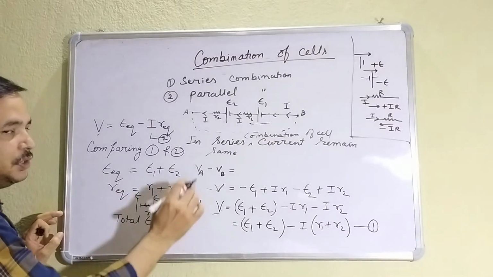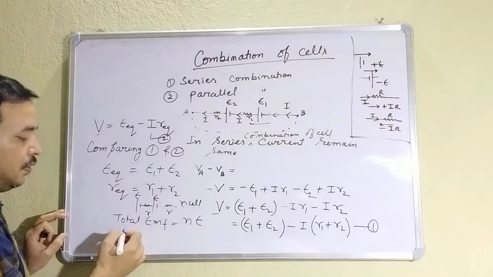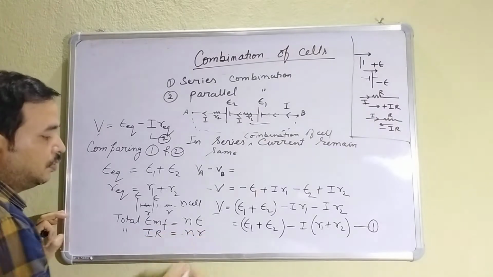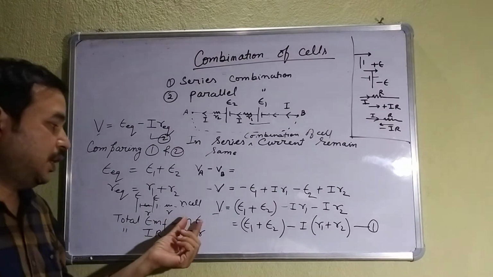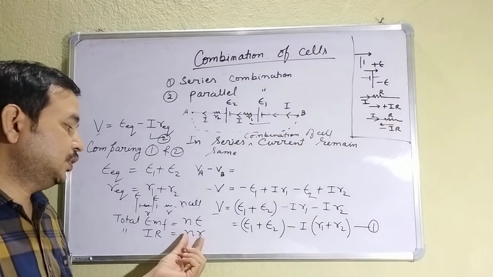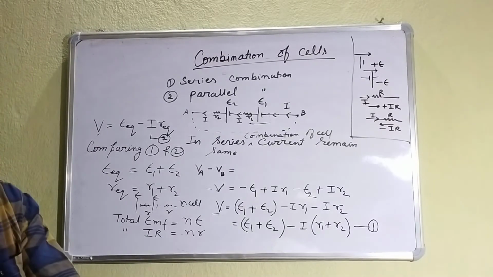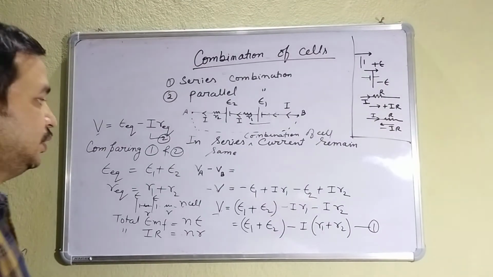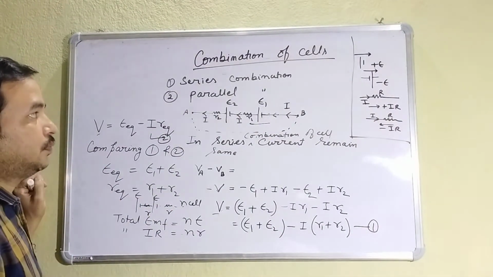E plus E plus E, n times, that is n into E, and total internal resistance n into R. So if this is the total EMF and this is the total internal resistance, you can easily tell the current flowing through the circuit if these are connected to some external resistor. Pause the screen and note down all the things.